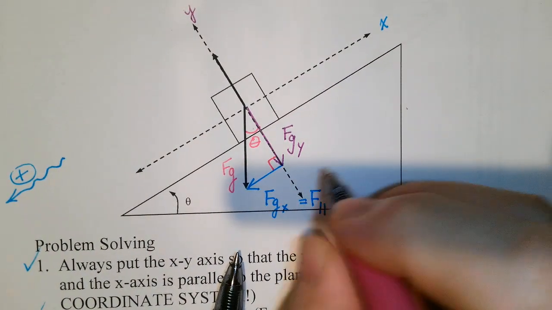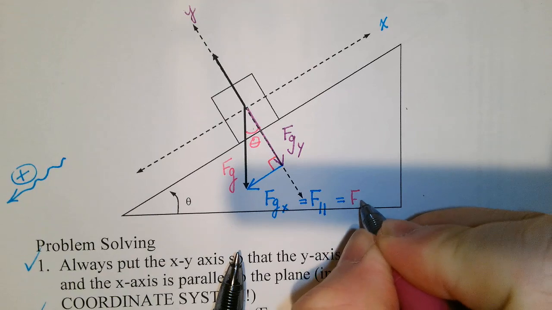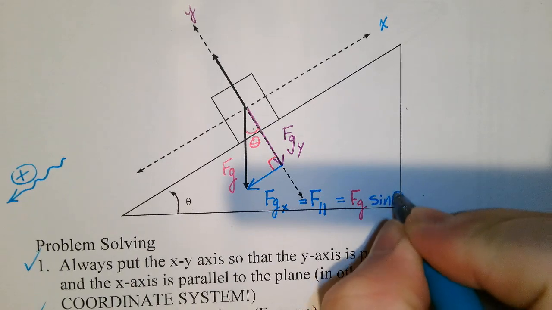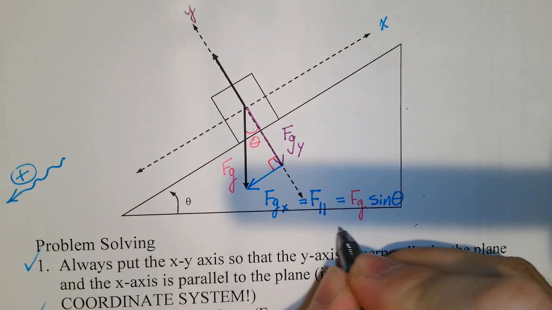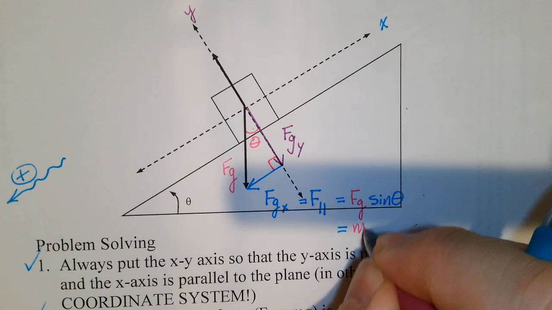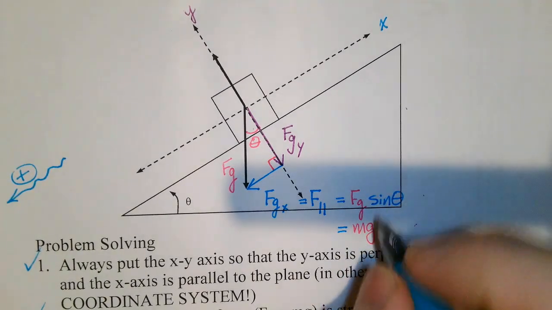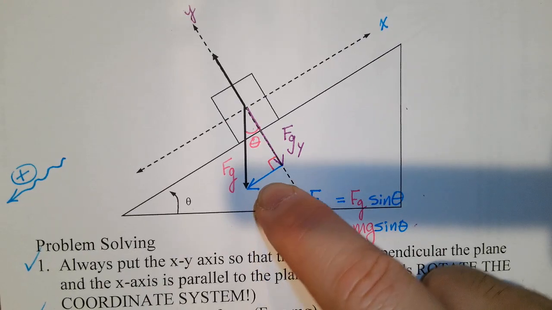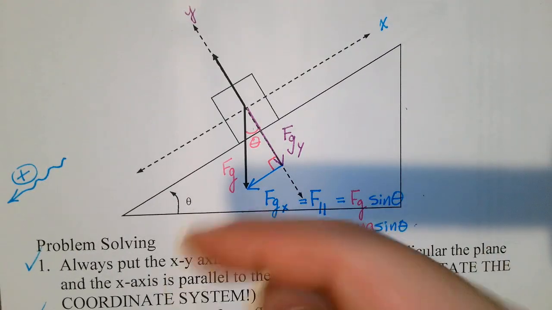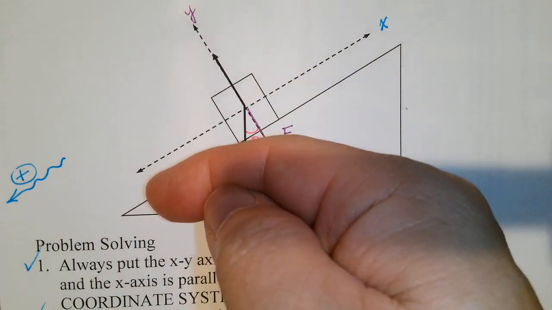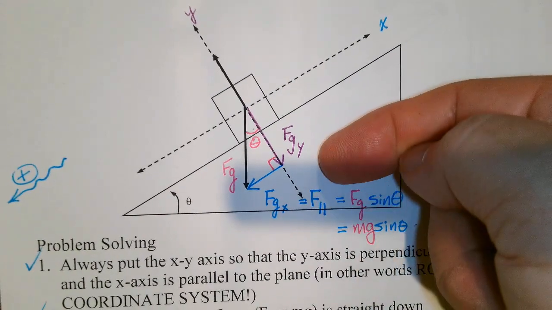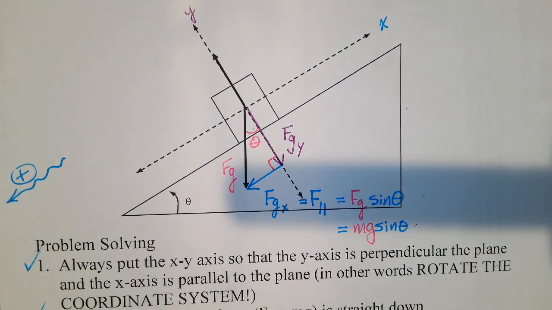Therefore, F parallel or Fgx is equal to Fg sine theta, or otherwise simply mg sine theta. And the direction of F parallel will always point down the incline, whether this thing is standing still, sliding down, or sliding up. Your Fgx will always point straight down the incline.